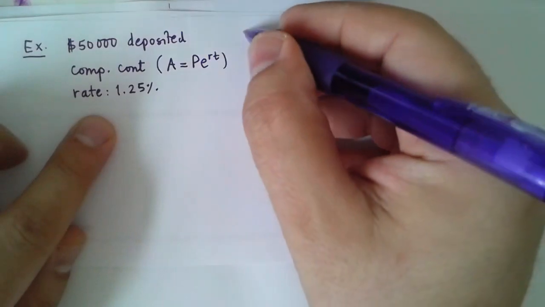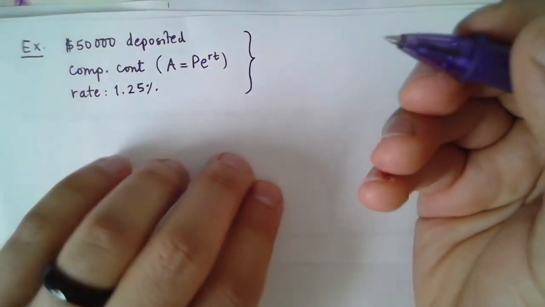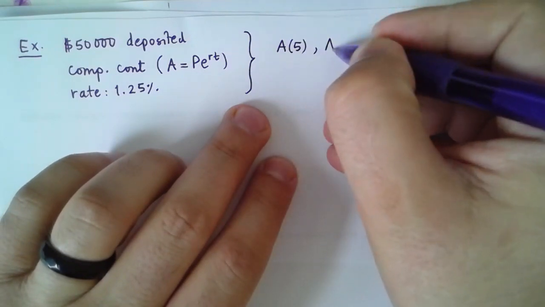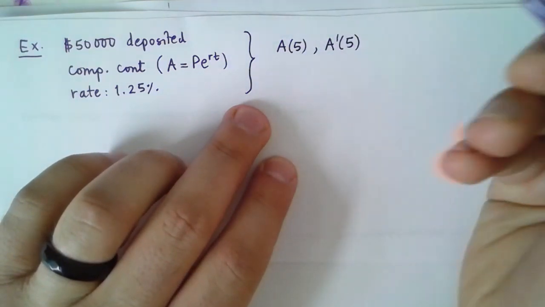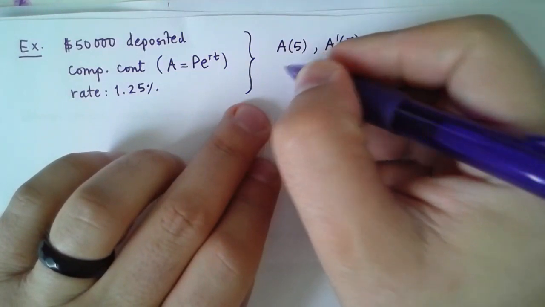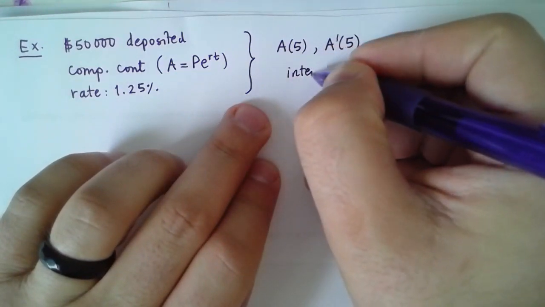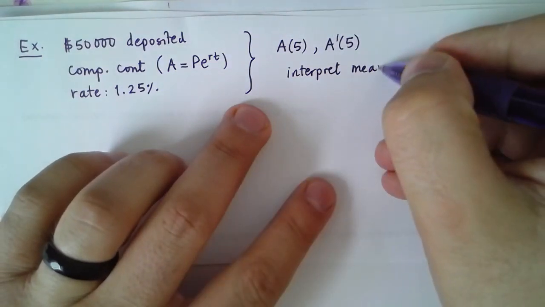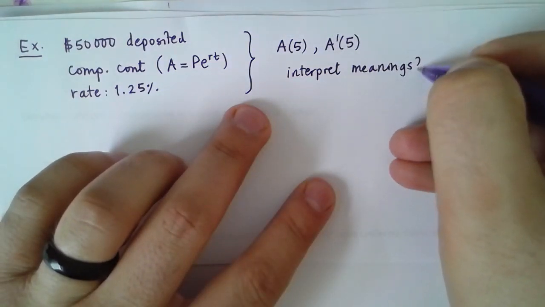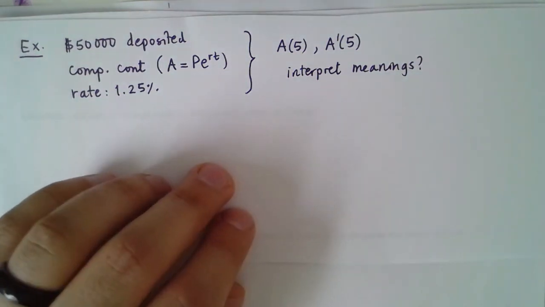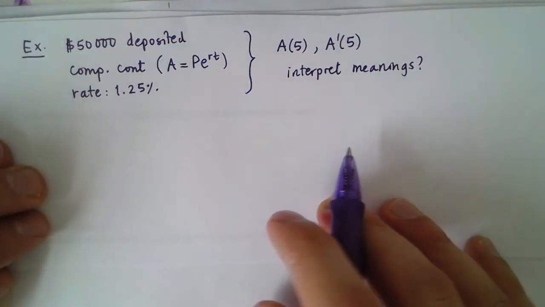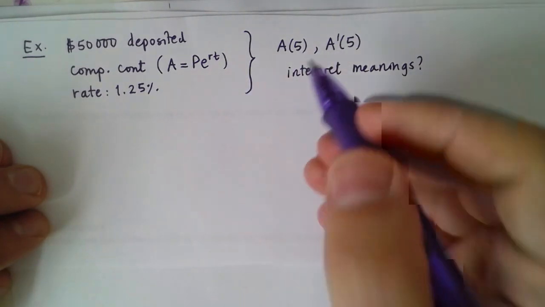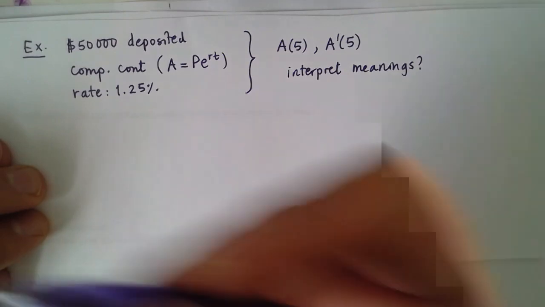With this information, can you find A of 5 and A prime of 5, and interpret their meanings? What do they mean in terms of the problem?